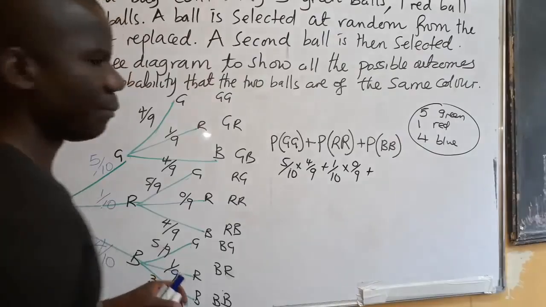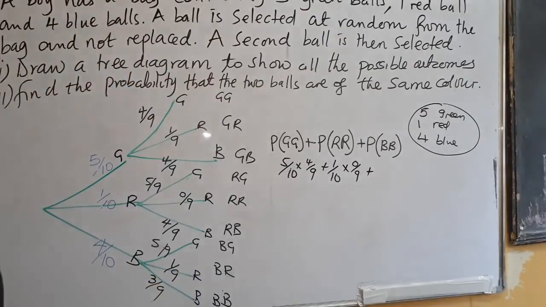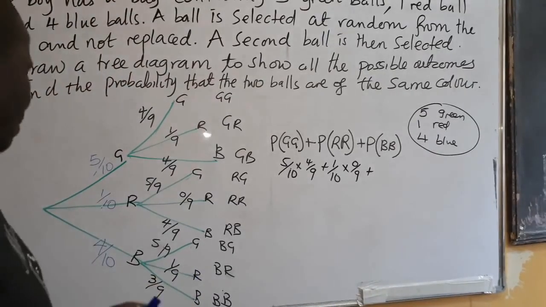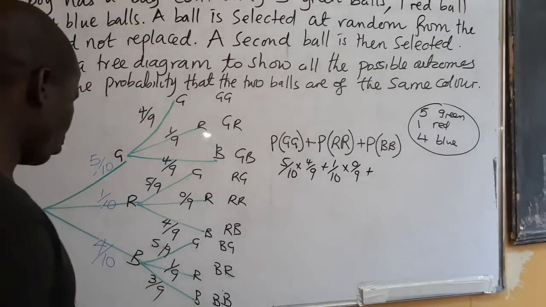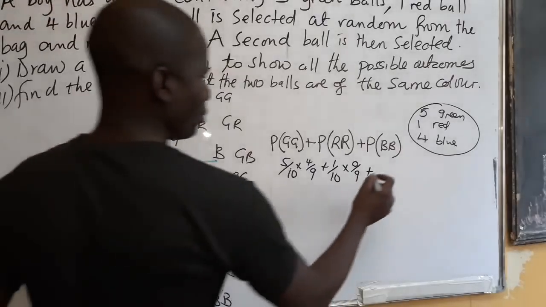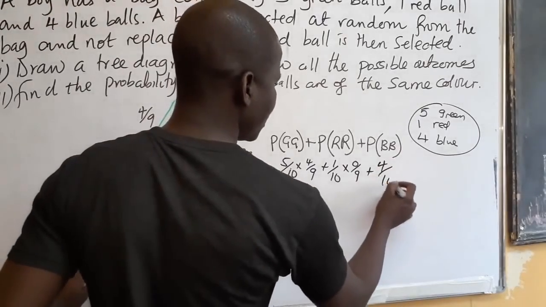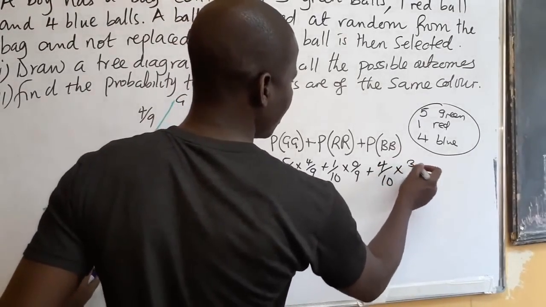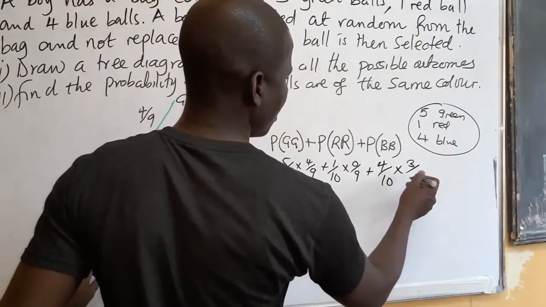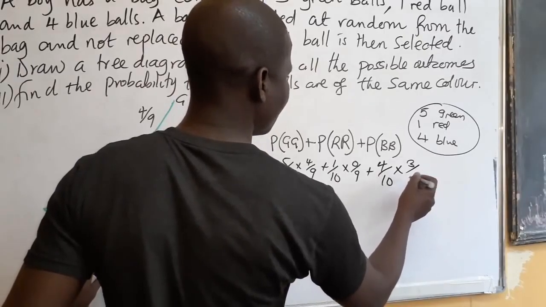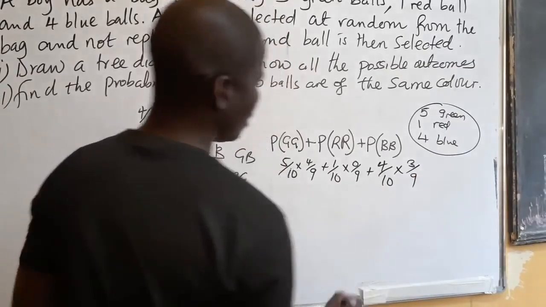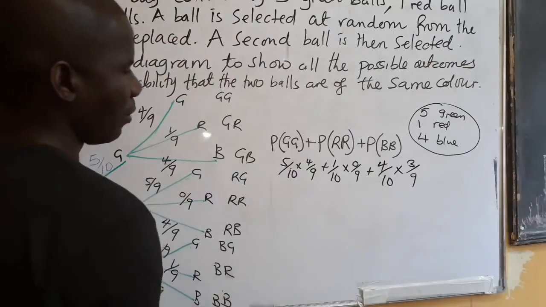Plus, then we come to blue, which is 4 over 10 multiplied by 3 over 9. Okay? So now we can continue.